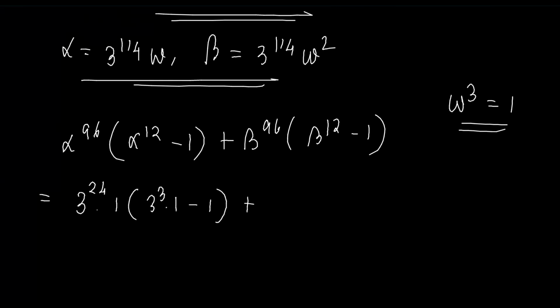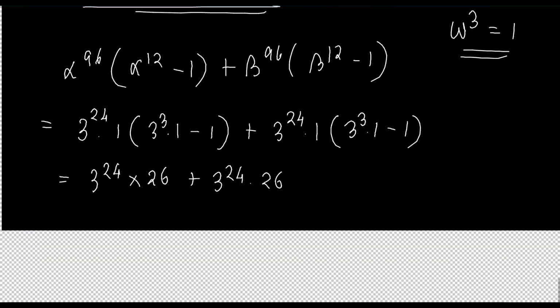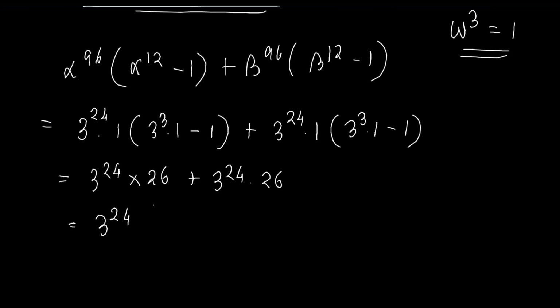Plus this is also the same case, so 3 to the power 24 into 1 into 3 cubed into 1 minus 1, that is 3 to the power 24 into 26 plus 3 to the power 24 into 26. If you take 3 to the power 24 common, that is 26 plus 26.